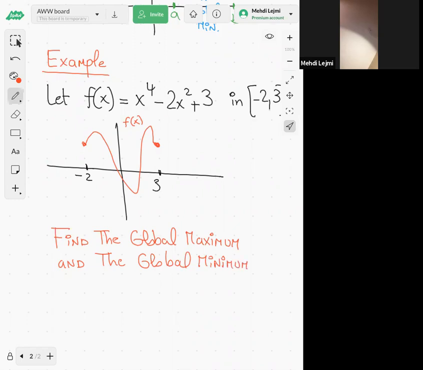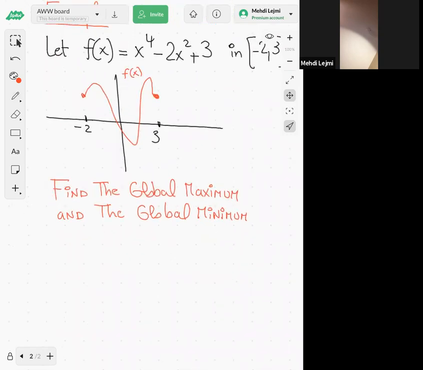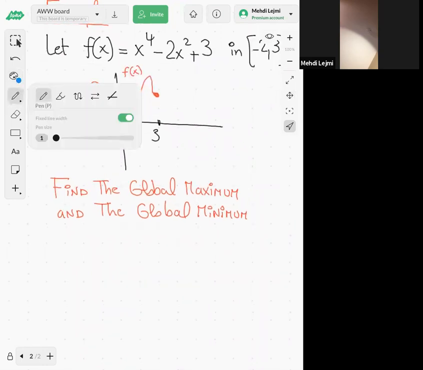So step 1, this is your function f, and you want to find the global maximum and global minimum, right? You want to find these 2 points here. This one would probably be your global minimum, and this one here will be your global maximum, right?